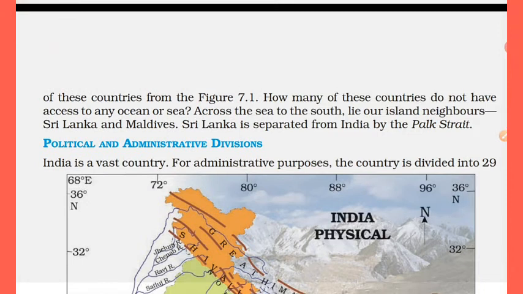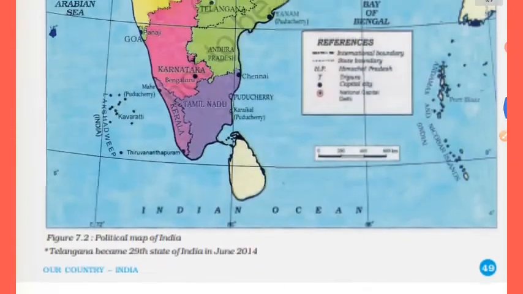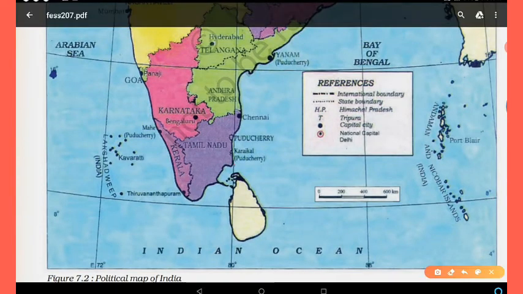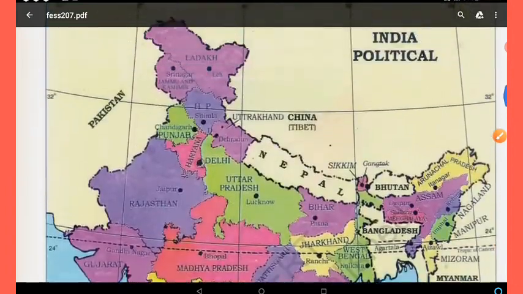Of these countries from figure 7.1, how many do not have access to any ocean or sea? Across the sea to the south lie your island neighbors, Sri Lanka and Maldives. Sri Lanka is separated from India by the Palk Strait. This is the Palk Strait, between India and Sri Lanka.